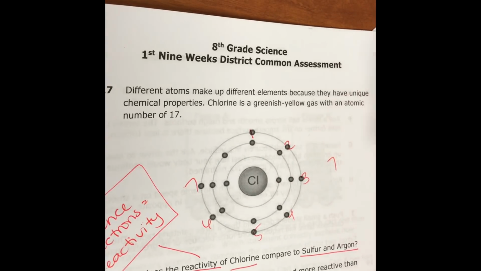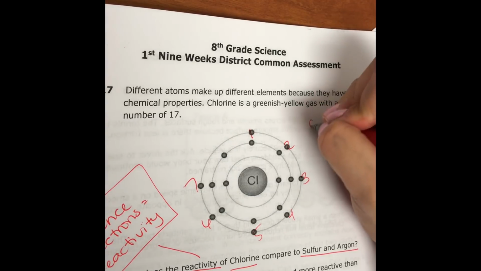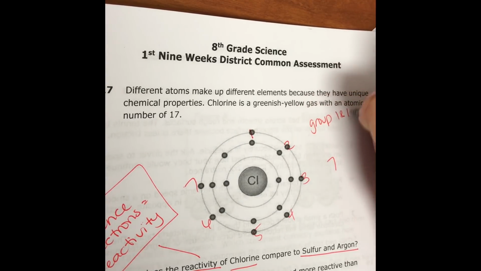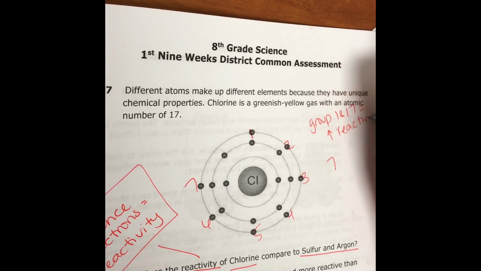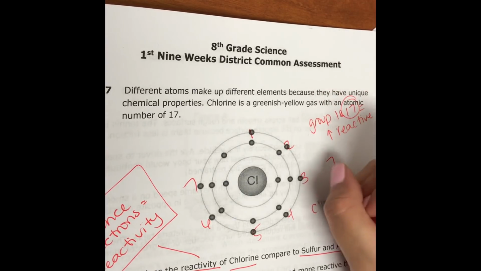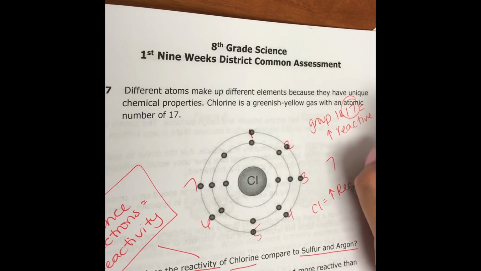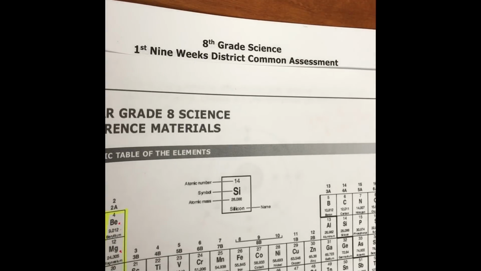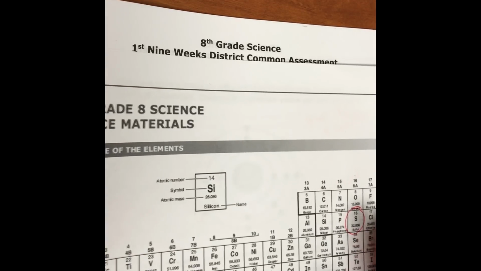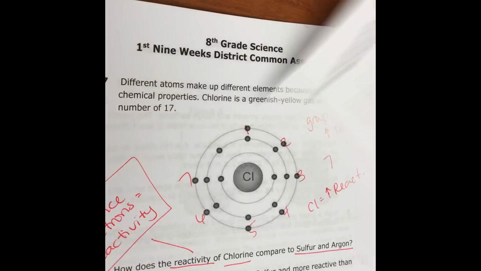If he has 7, what is his reactivity? Well, let me think. Group 1 and 17 are highly reactive. So if he's in 17, chlorine is highly reactive. So let me look at sulfur. Sulfur is in group 16.